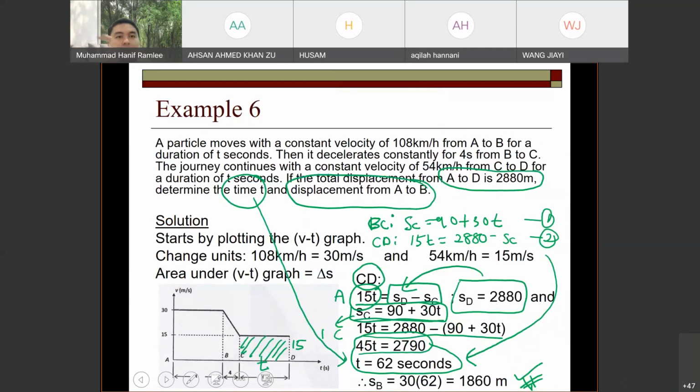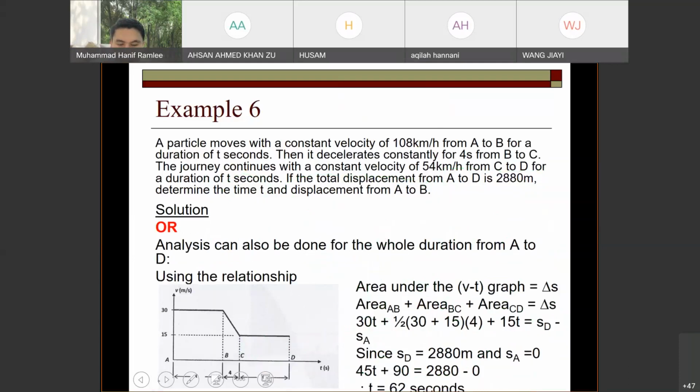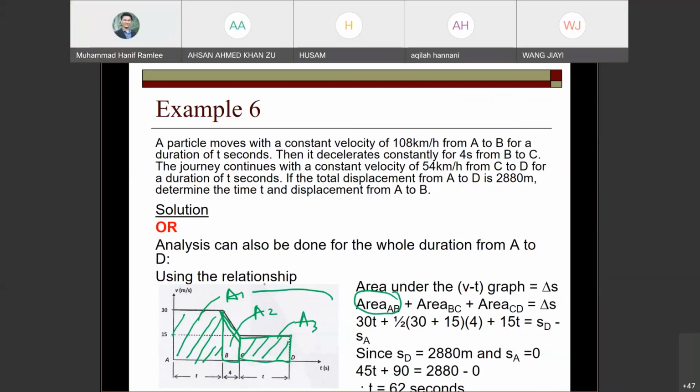So this is one way. There is another way, which is you can analyze from A to D using the graph. Area 1, the second method is area 2. You can put all together in a single calculation: area 1, area 2, area 3, and the total SD is this one.